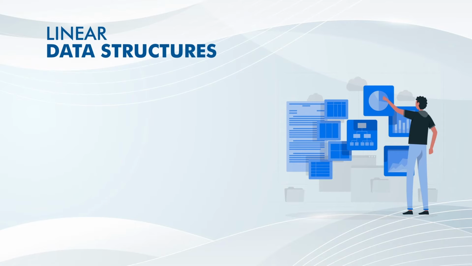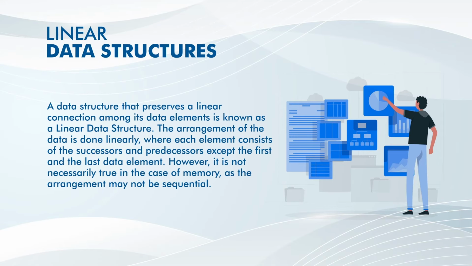A data structure that preserves a linear connection among its data elements is known as a linear data structure. The arrangement of the data is done linearly, where each element consists of the successors and predecessors except the first and the last data element.